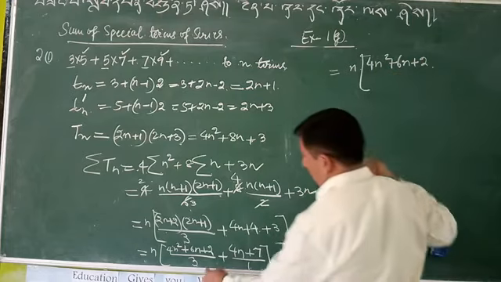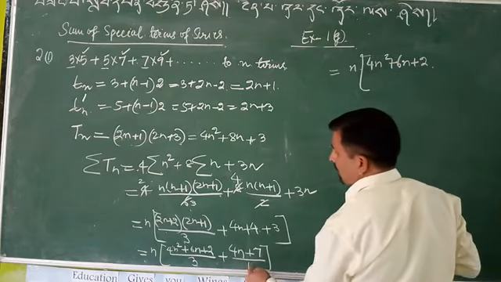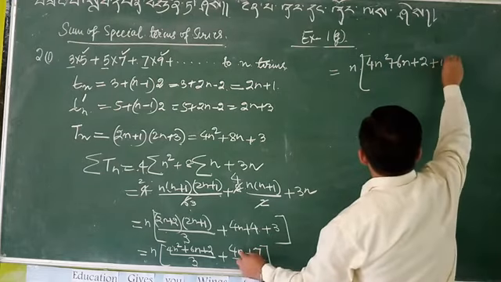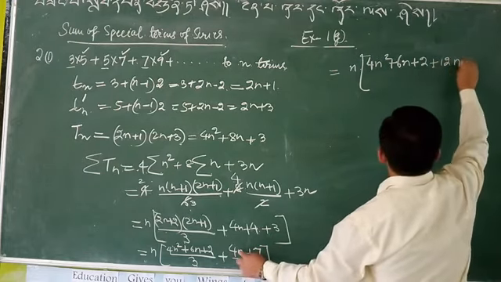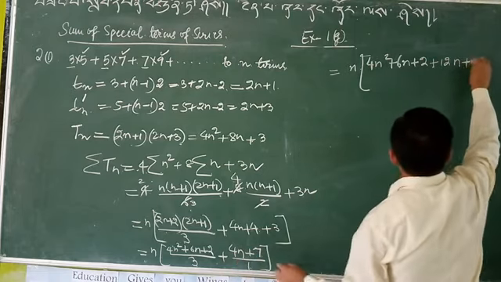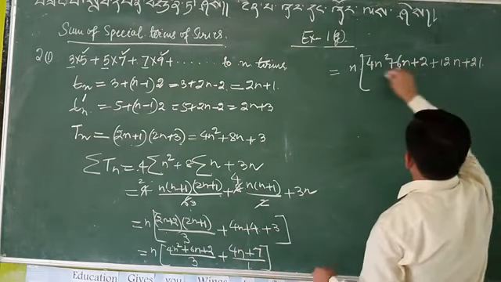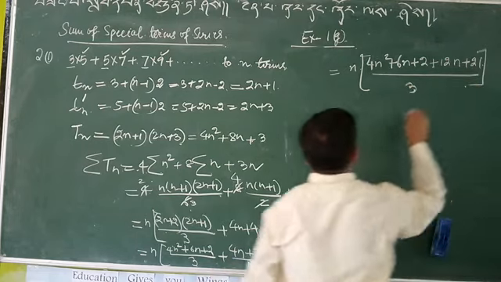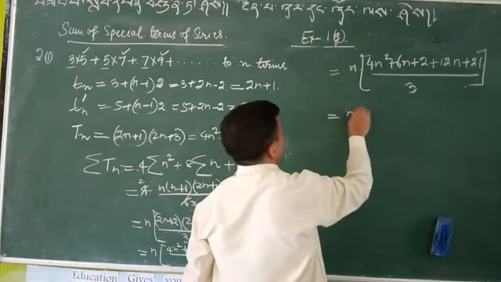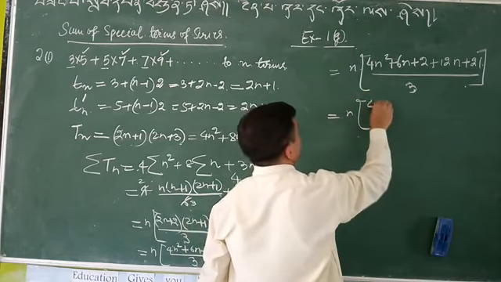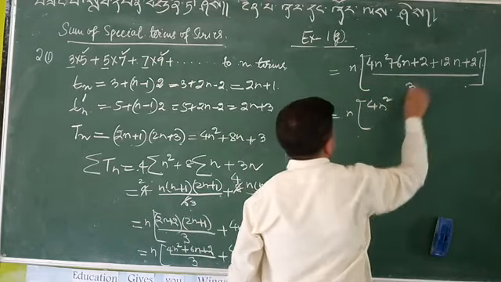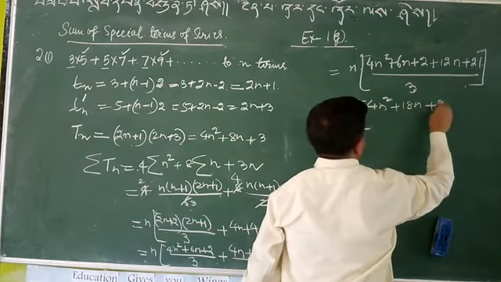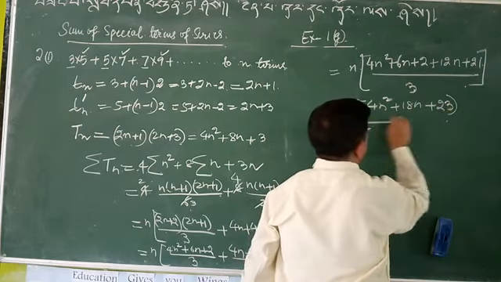Okay? And the LCM of both will be 3. So now this will be multiplied by this one. So this will become 12n and then 7 threes, 21. And then the whole divided by 3. This is now n into (4n square plus 6n plus 12n, 18n, and then 21 plus 2, 23) divided by 3.